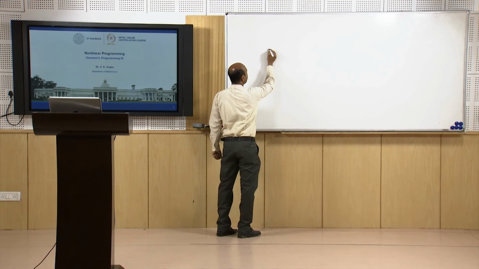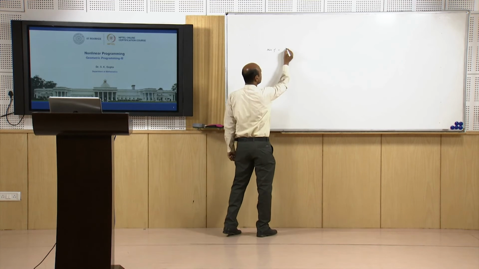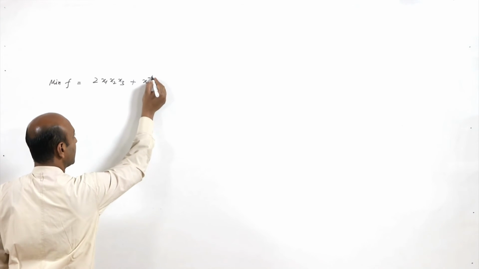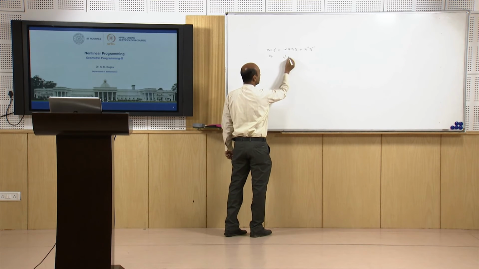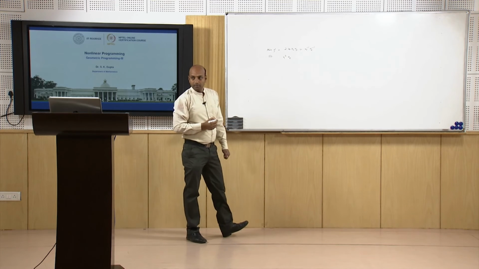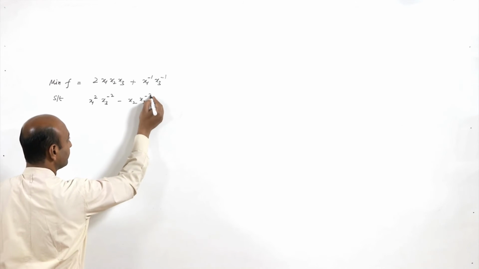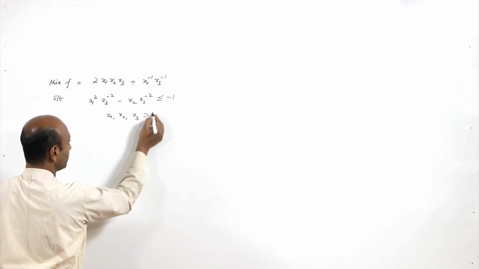It is minimum of f, which is equal to 2x1 x2 x3 plus x1 raised to power minus 1 x3 raised to power minus 1, subject to x1 square x3 raised to power minus 2 minus x2 x3 raised to power minus 2 less than or equal to minus 1 and x1 x2 x3 greater than 0.